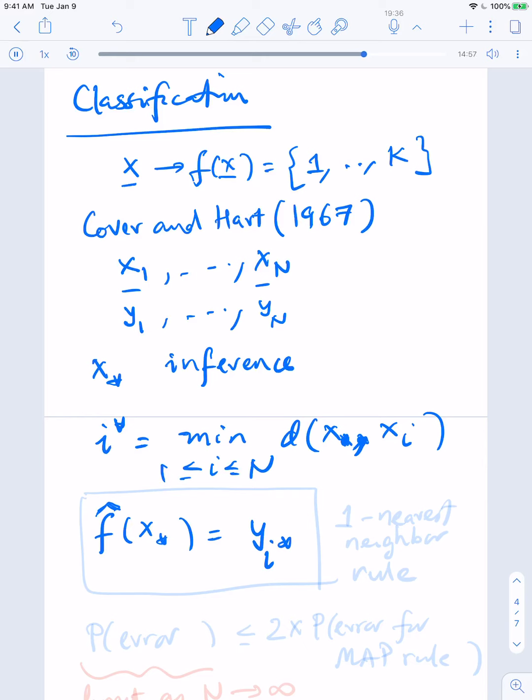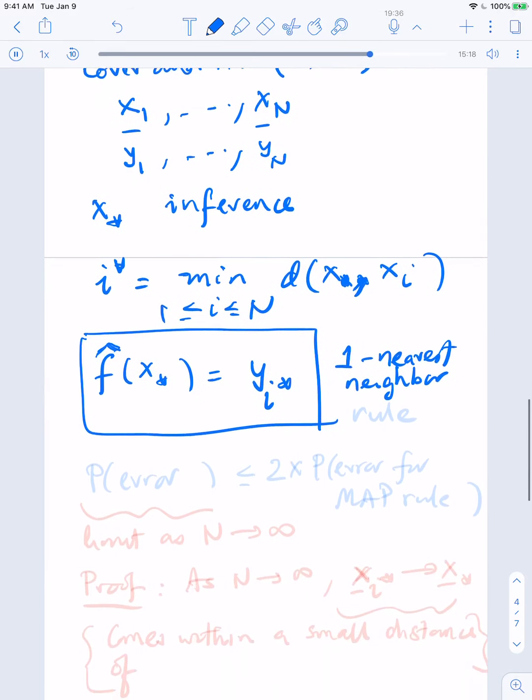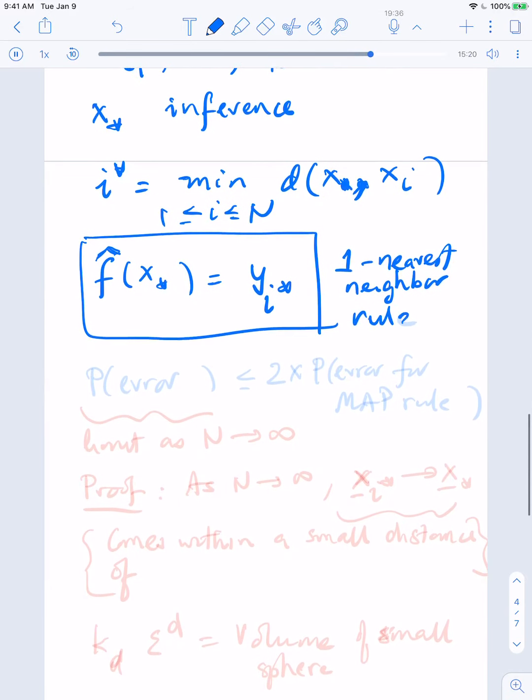So this is my one nearest neighbor rule. You can also have a k nearest neighbor rule, where you take some consensus among the k closest points, but asymptotically it doesn't matter. The one nearest neighbor scheme is pretty much the best according to Cover and Hart. So this is the one nearest neighbor rule, or nearest neighbor rule for short.